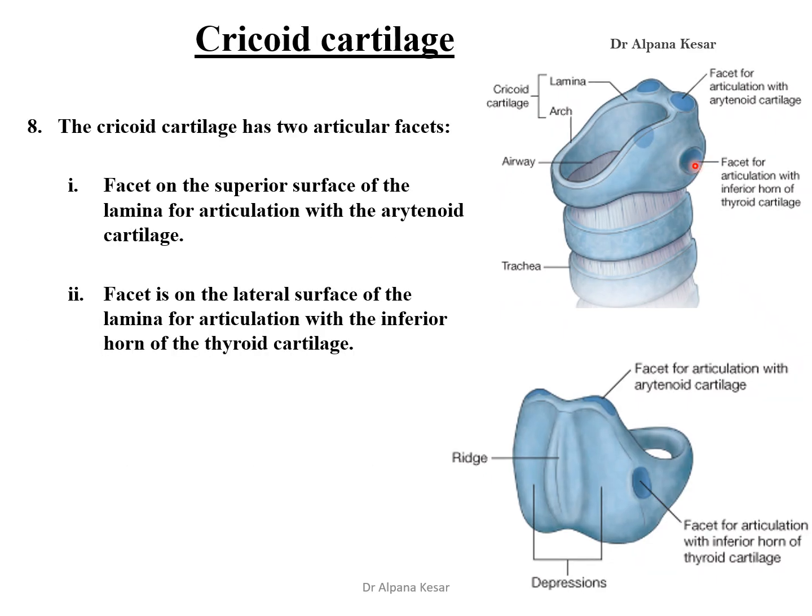The cricoid cartilage has two articular facets. This articular facet is for articulation with the inferior horn of the thyroid cartilage, and this facet is for articulation with the lower surface of the arytenoid cartilage.